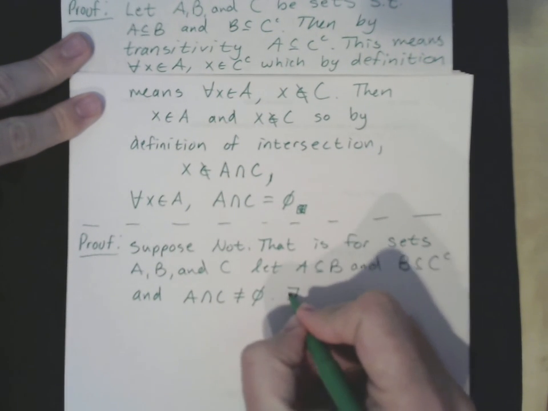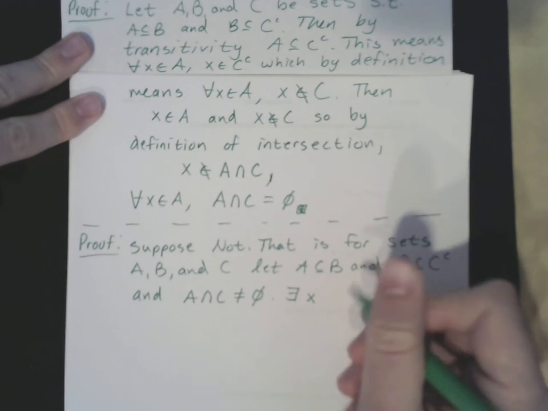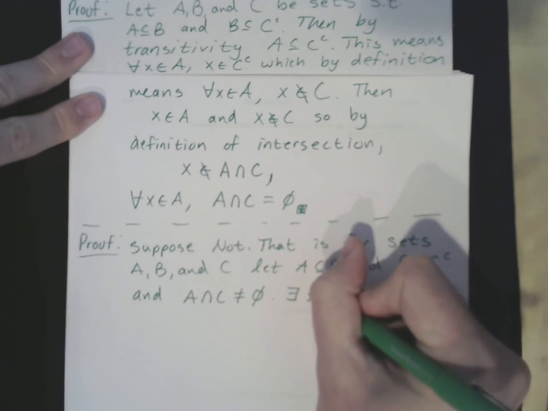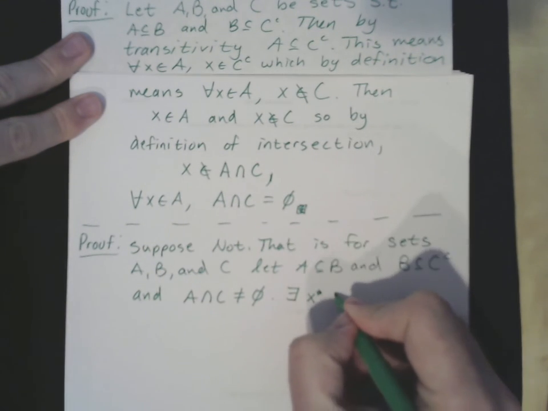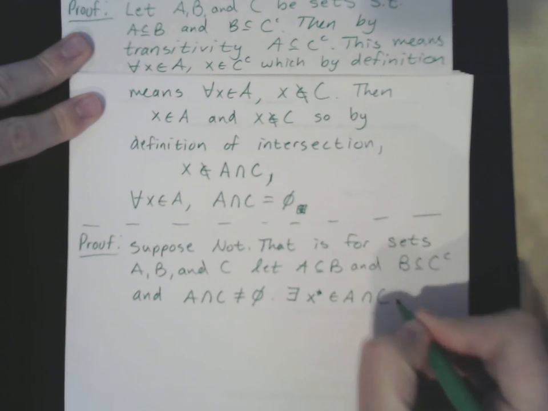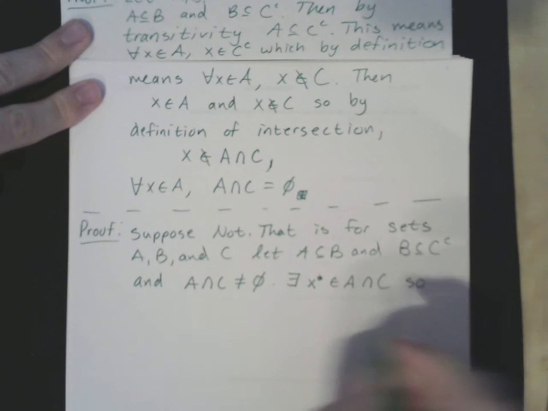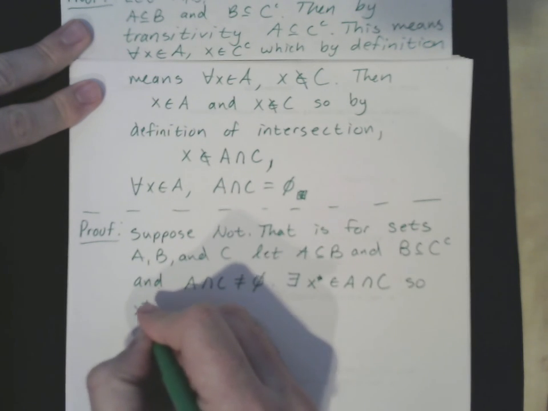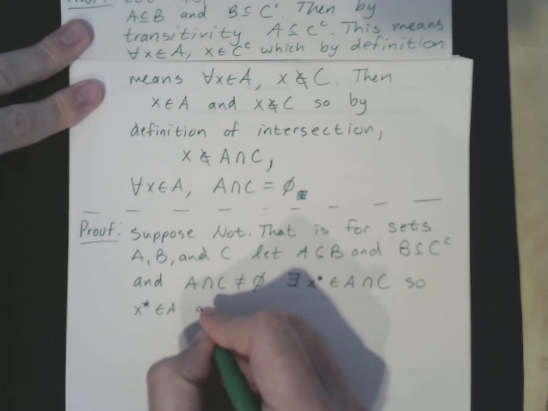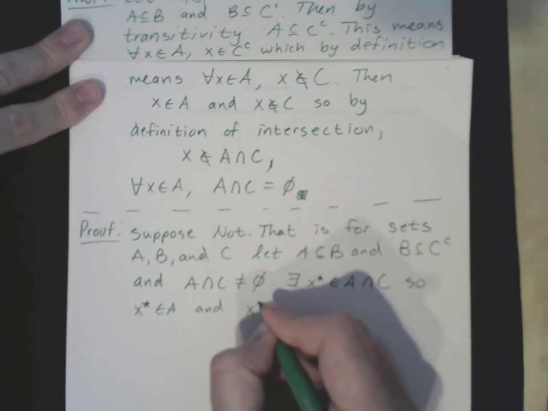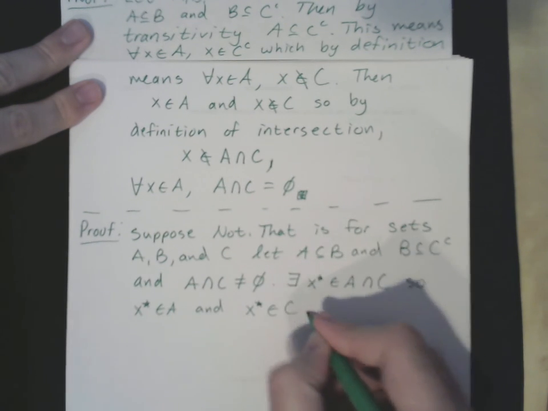Well, then that means there exists, let's call it x star, in A intersect C. So x star is in A and x star is in C.